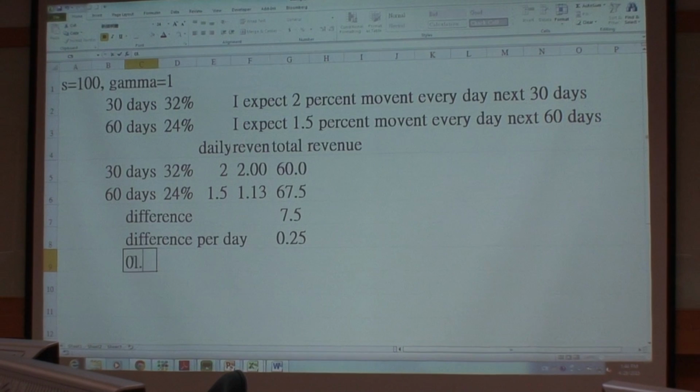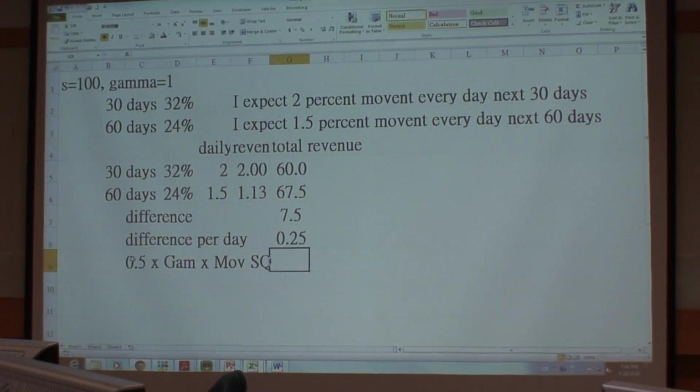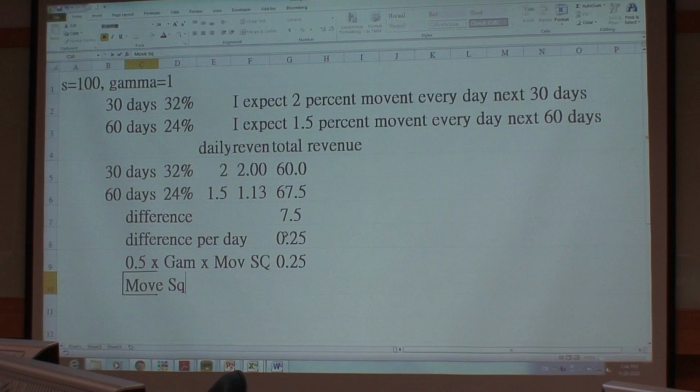So I know that half times gamma times move squared is 0.25. So I know that move squared equals this guy divided by a half, because gamma is 1.